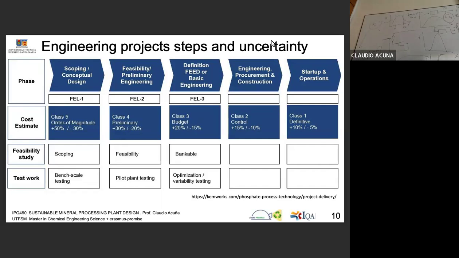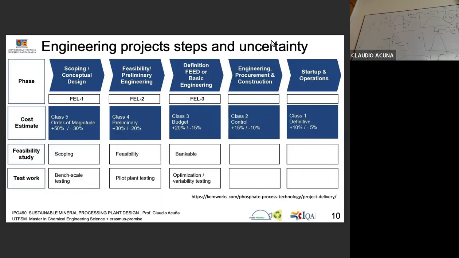When you are at the very end, startup and operation, when you have the plant completely built, you still have problems. Especially mining has a lot of uncertainty. Other industry, other chemical plants, pharmaceutical plants, no, it's more certain. For some reason, either constructors, there is a lot of uncertainty, not to mention that your material also is different.